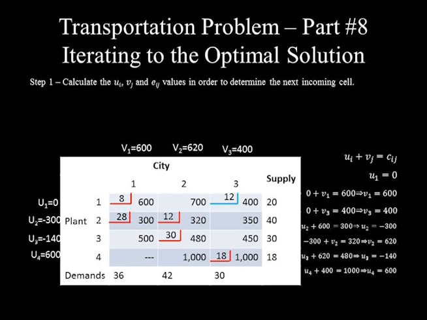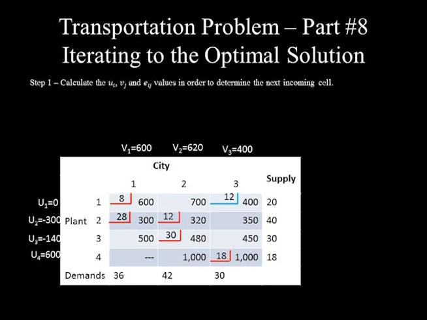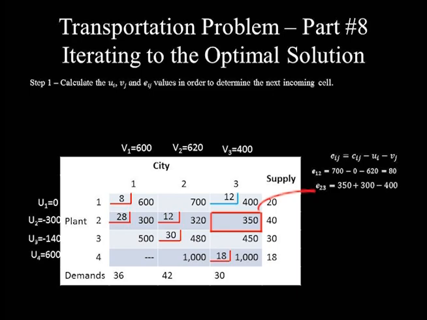Moving forward, let's calculate the net evaluation index of the unoccupied cells by using the formula E sub ij is equal to C sub ij minus U sub i minus V sub j. E12 is equal to 700 minus 0 minus 620, which gives us 80. E23 is equal to 350 minus negative 300, which is positive 300, minus 400, which gives us 250.